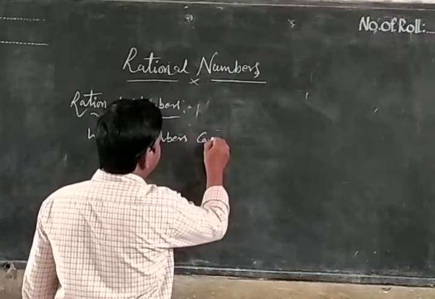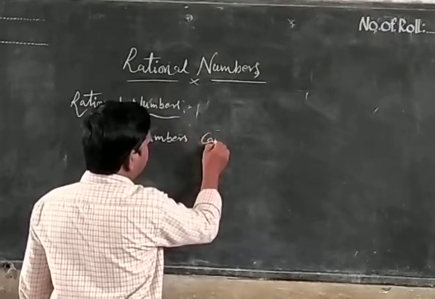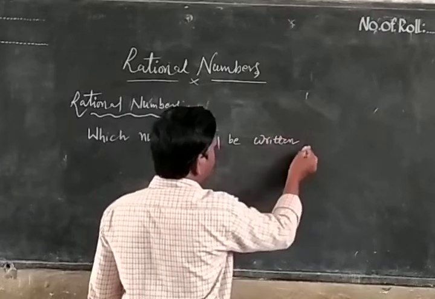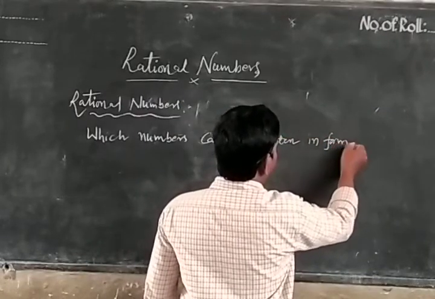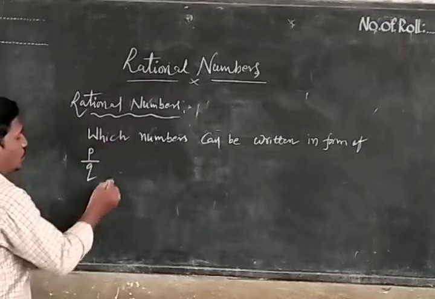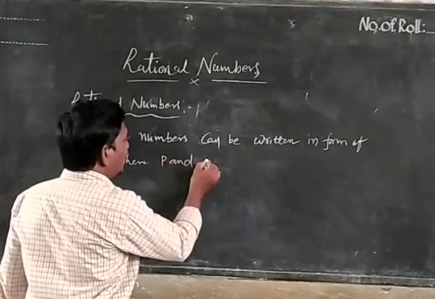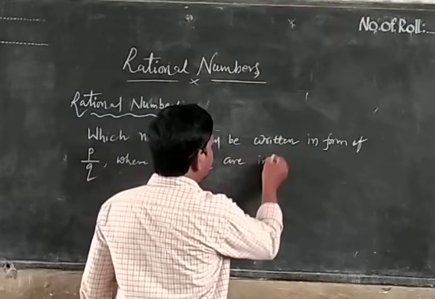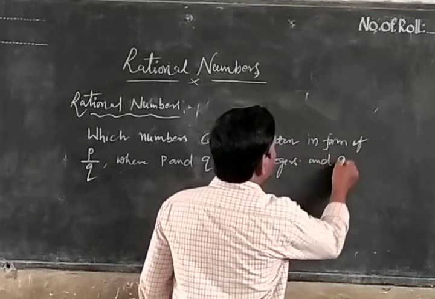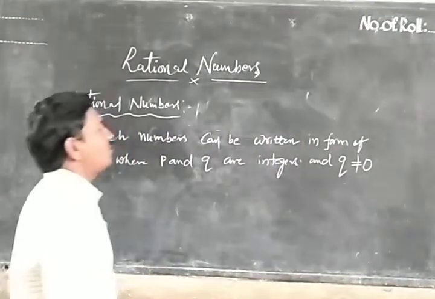Which numbers can be written in the form of P by Q, where P and Q are integers and Q not equal to 0?